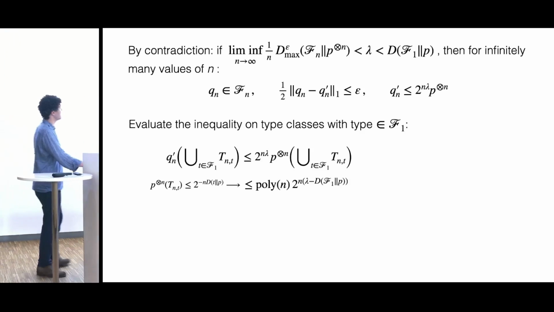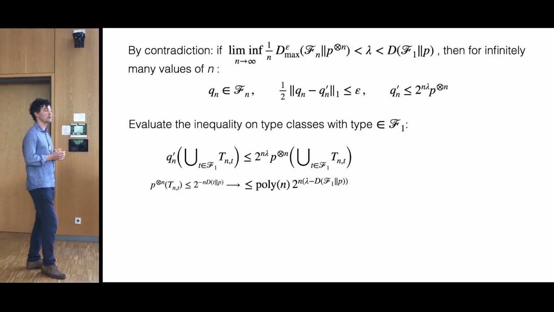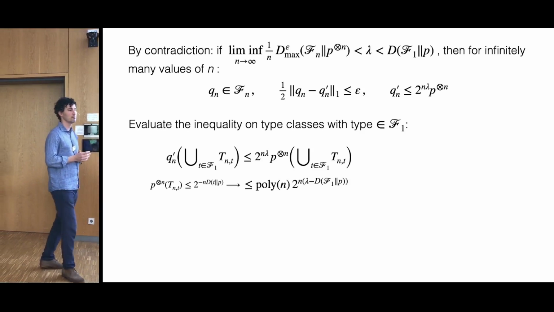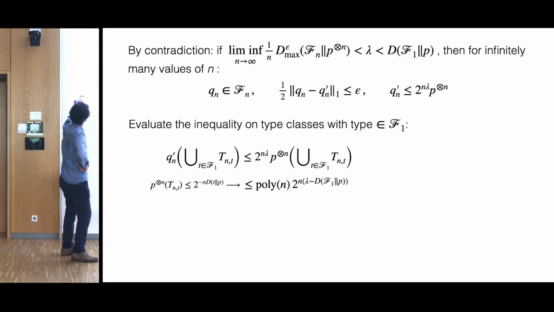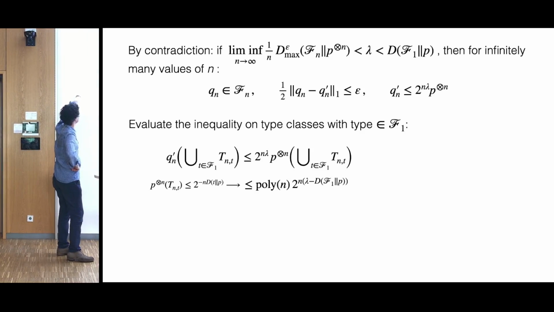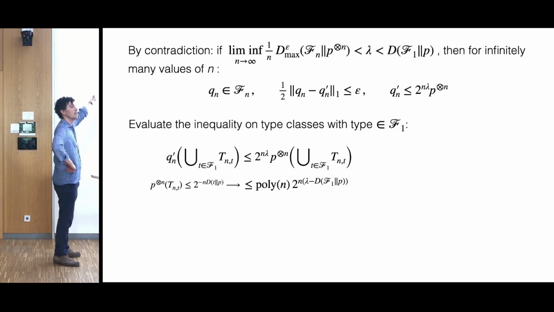Now you use a very classic result in probability theory, which is unfortunately also known as Sanov's theorem sometimes. Apologies. It essentially tells you that if you compute the weight of any type class according to some IID probability distribution, you essentially get the relative entropy between the type and the probability distribution.